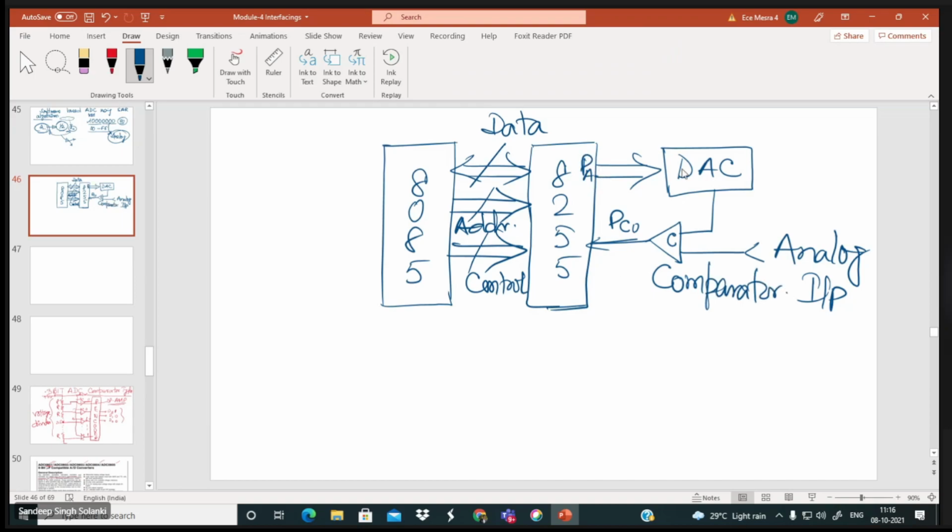So from the figure, what you find is that there is a decision taken about port A and port C. Port A is assigned as output, and port C lower pin, PC0, we are just taking here as input.